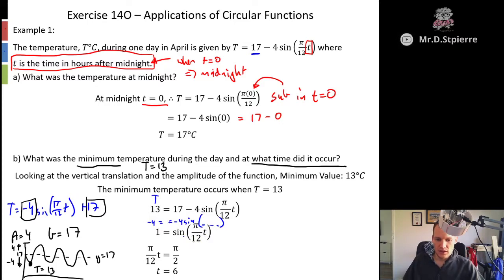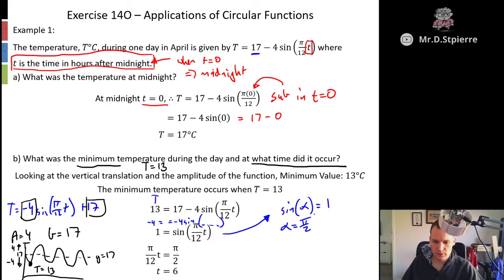Well, sine of what angle? In long form, sine of what angle gives me 1? Alpha needs to be pi on 2.